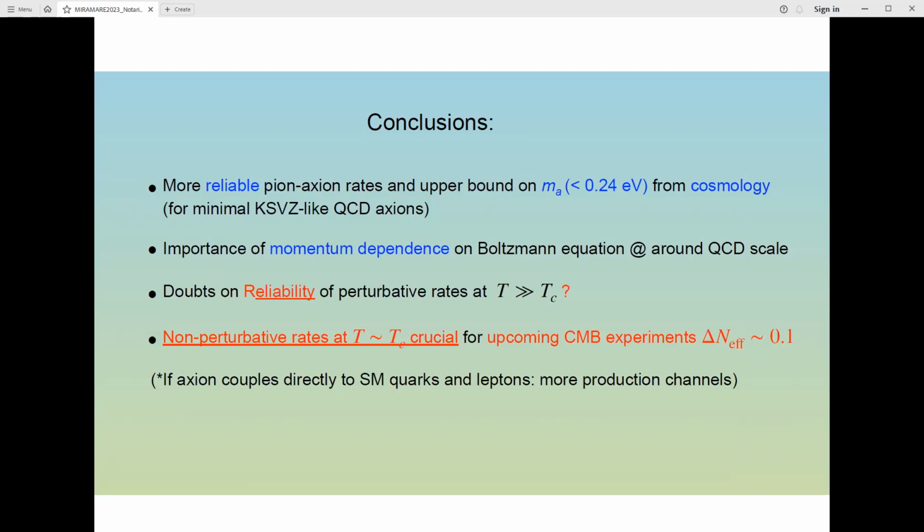The perturbative rates that have been considered for a long time are doubtful, let's say, when you go down close to 10 or 1 GeV. And then, crucially, non-perturbative rates are important, but they are not available yet from lattice calculations, to exploit precisely the power of new CMB experiments that will probe that region.